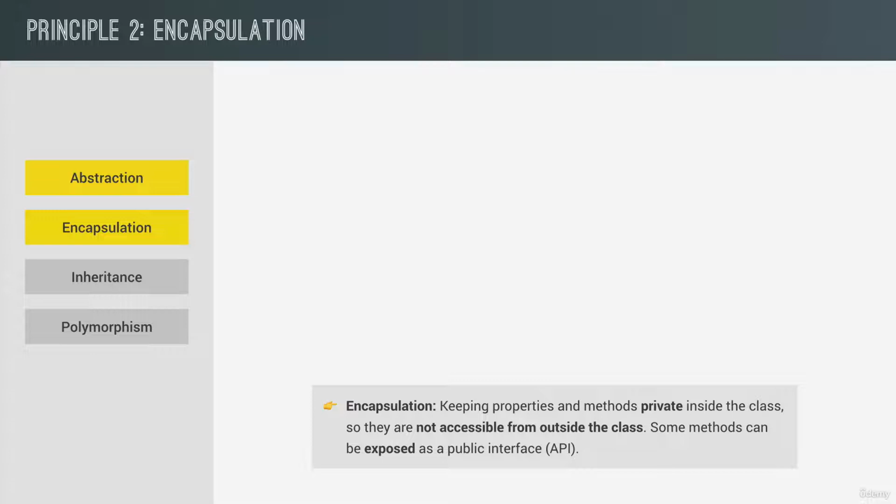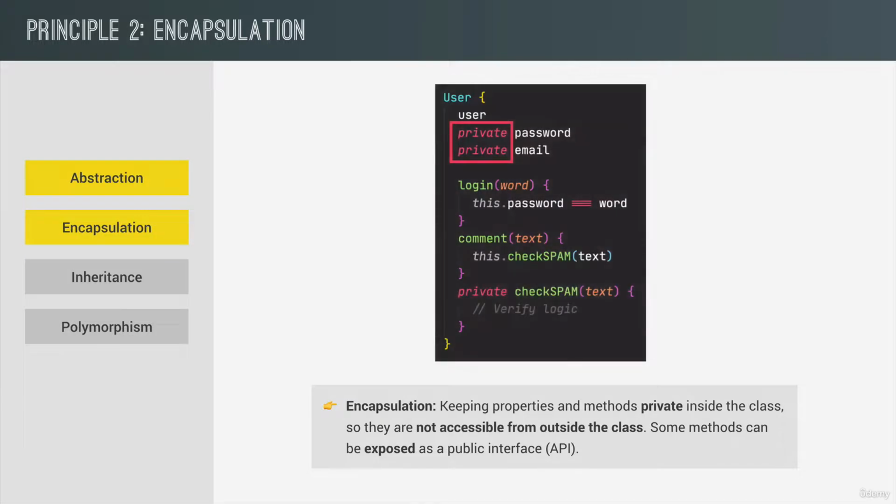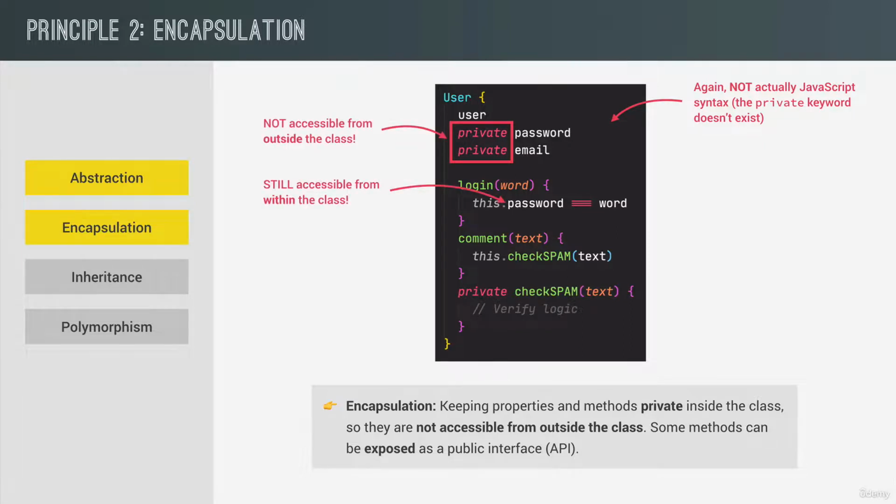And going back to our example of a user from before, this is what private properties might look like conceptually. And again, I'm talking hypothetical here, because this private keyword here actually does not exist in JavaScript. But anyway, as we already know, outside code now can't access these properties. However, inside the class, they are still accessible.